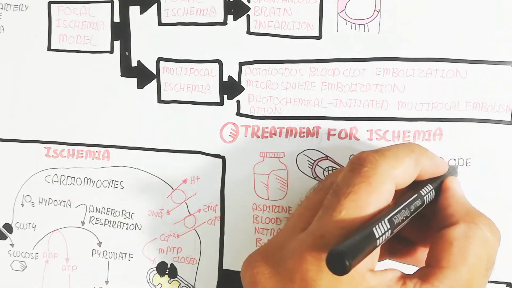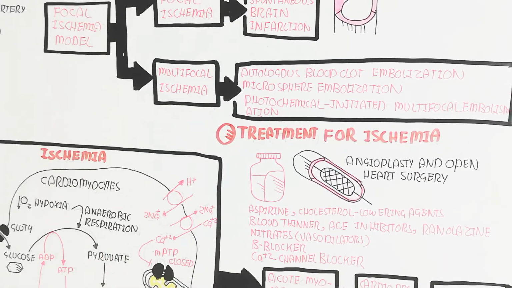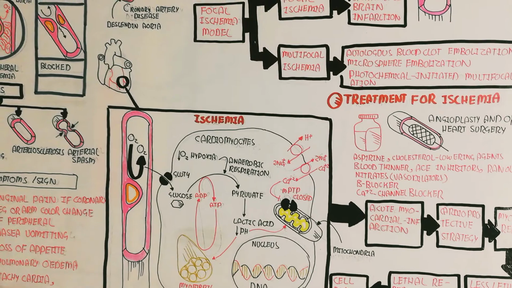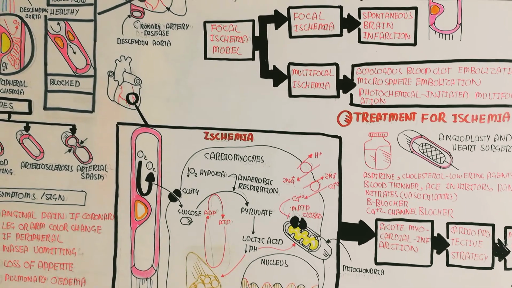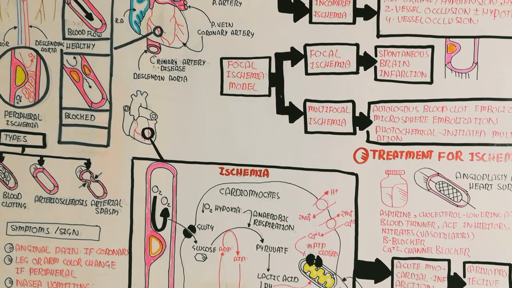On the other hand, angioplasty and open heart surgery are also involved for complete clearance of the problem due to arteriosclerosis, to remove the plaque or bypass through open heart surgery.